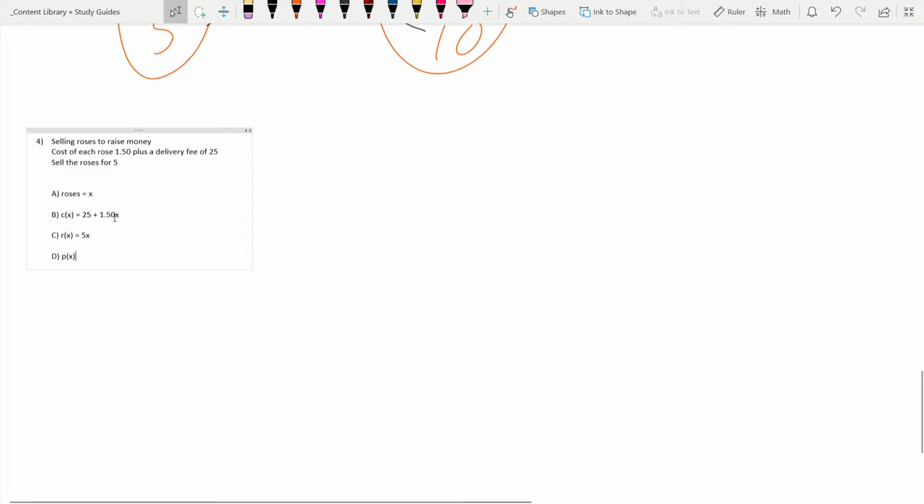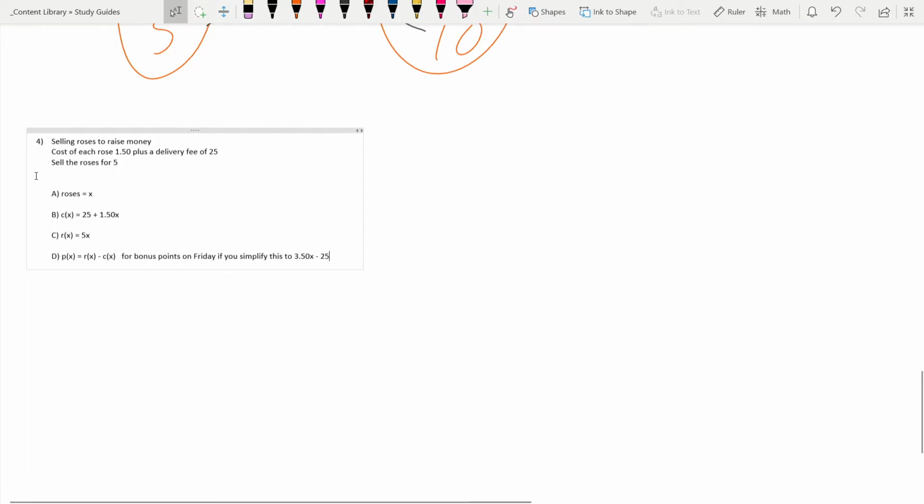D, the most important, is your profit function. Your profit function is equal to how much money you collected, which was R of X, minus your expenses, or your cost, so minus C of X. And that is perfectly fine. But for bonus points on Friday, if you simplify this to 3.50x minus 25, you would get bonus.